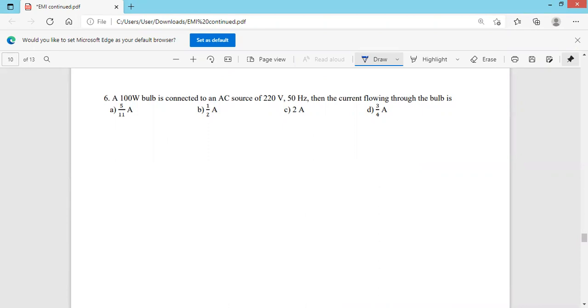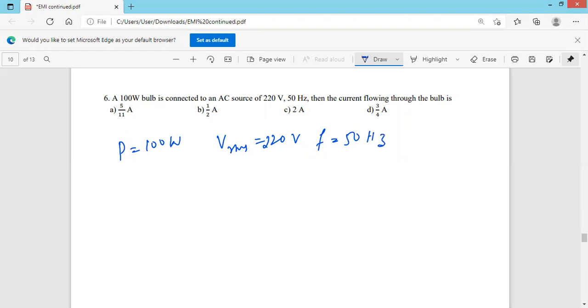Next one, sixth one. A 100-watt bulb is connected to an AC source of 220 volt. Bulb power is given. V RMS is given, 220 volt, and f is equal to 50 hertz.